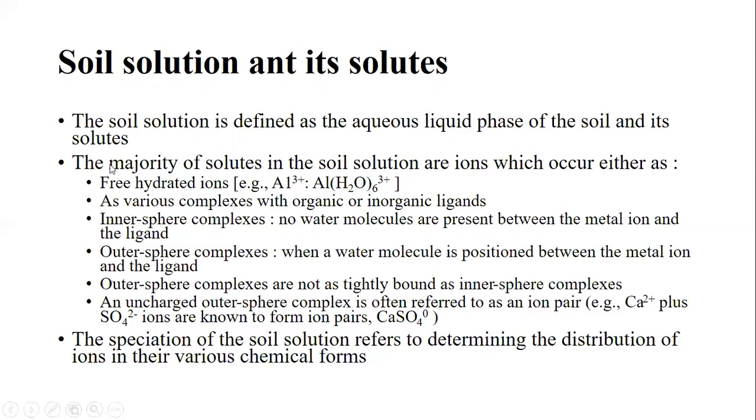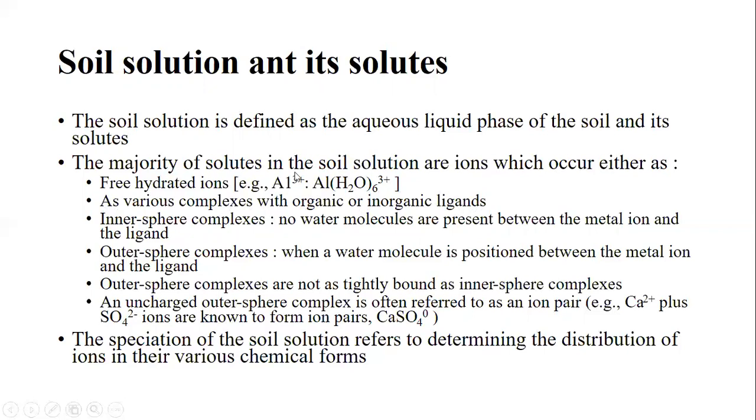So the majority of solutes are ions which occur either, and either means either/or, more than one thing. So either the first one is the free hydrated ions, or the second, as various complexes with organic or inorganic ligands. Ligands, any negative thing.